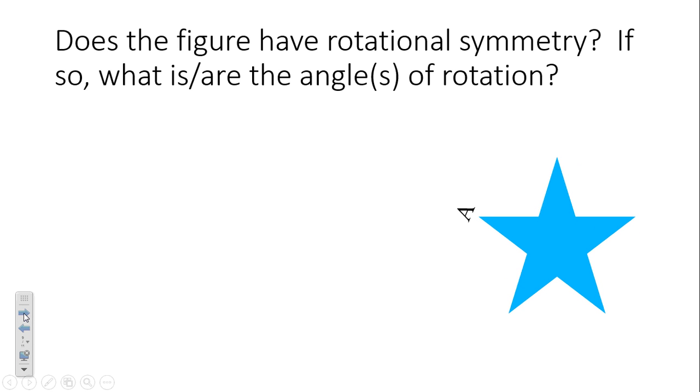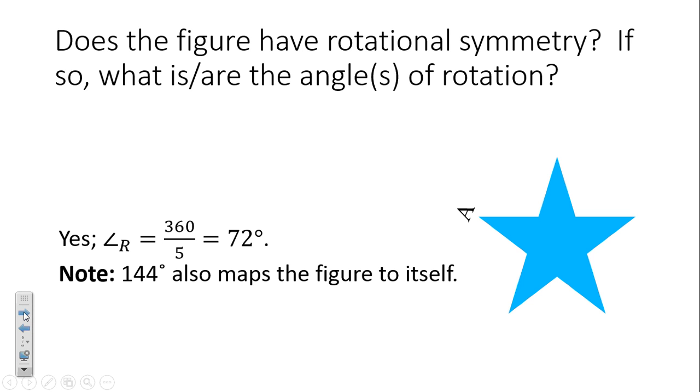Yep. 5 rotations before it gets back to its original place, right? But it was the same figure 5 times over. So how many degrees of rotational symmetry does this one have? 360 divided by 5 is 72.